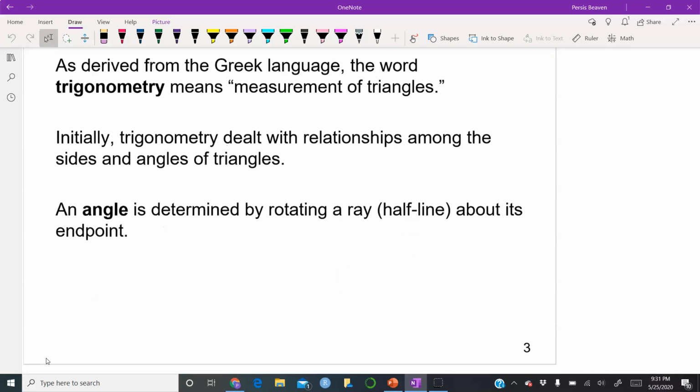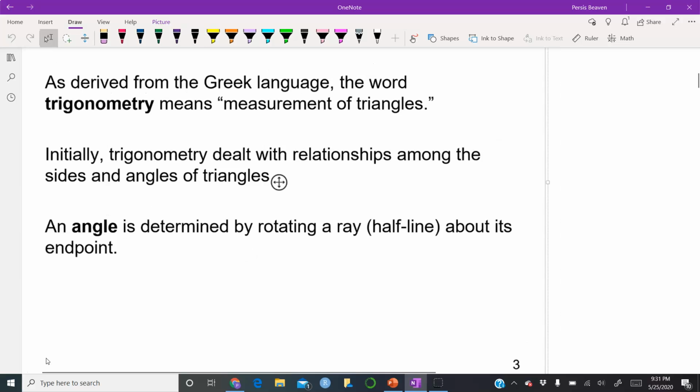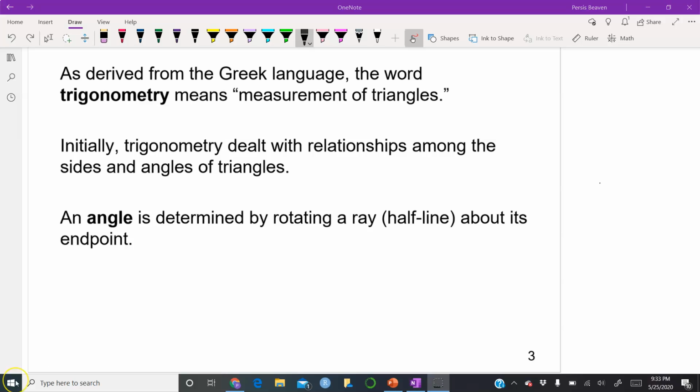And so to demonstrate this, I'm going to draw a ray, which is a line, but it does have an endpoint, so it's not a line, because a line will have two arrows. And so if that is our ray, imagine you rotate that about the endpoint in this direction.